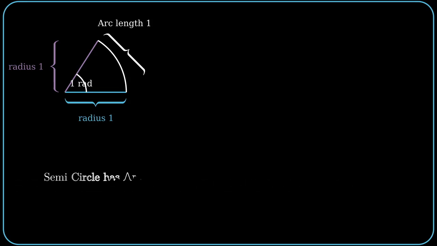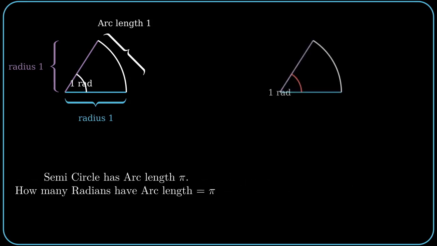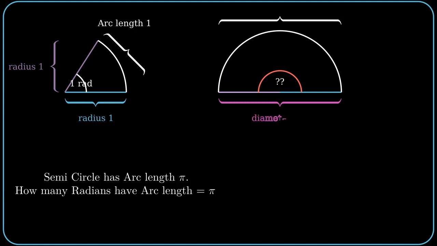Let's apply this definition and ask ourselves, how many radians does a semicircle have? First, we observe that the semicircle has an arc length of pi. The diameter is 2, so the arc length, which is half the circumference, must be pi.